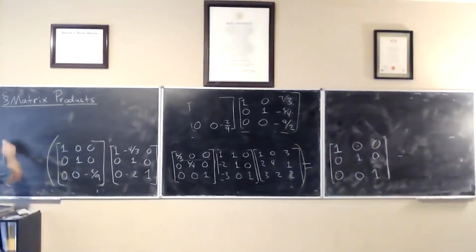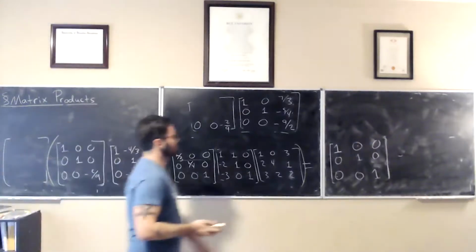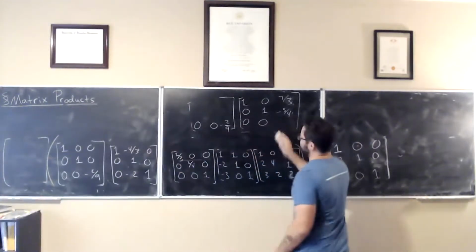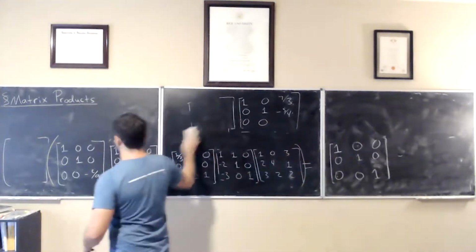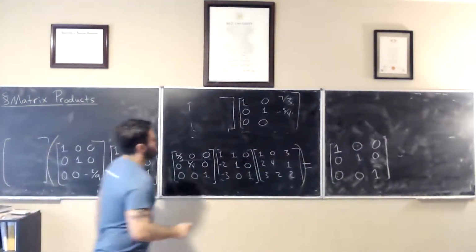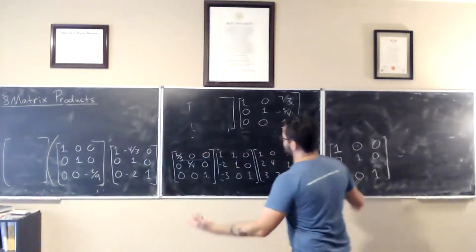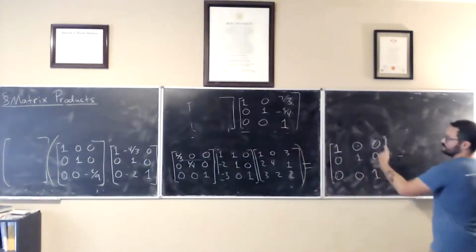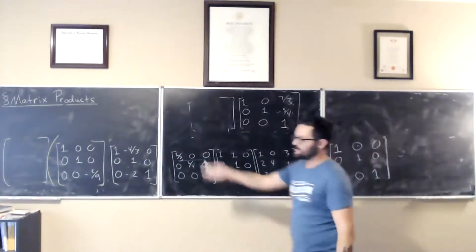One last matrix. So now that's a 1. But I still need to zero out those entries. How can I do it in one last multiplication?